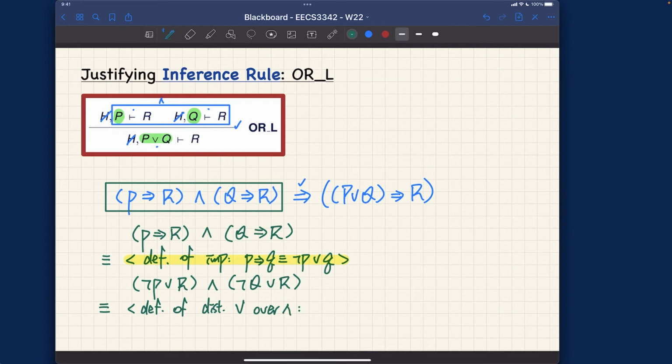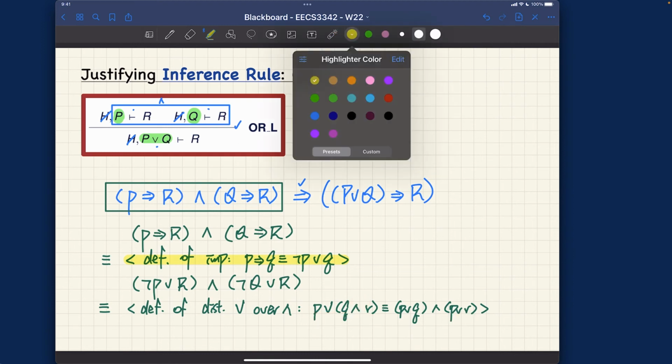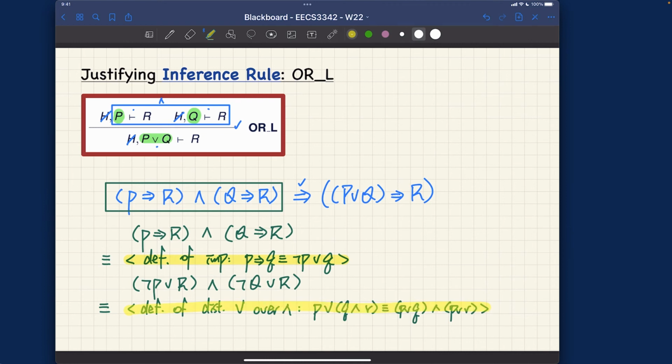So if I actually got, for example, P or Q and R, that's equivalent to P or Q and P or R. Right? If I want to distribute P or over this particular conjunction, so that'll be P or Q and P or R. Right? That's exactly what you did earlier, right? I'm going to assume you actually are okay with that. Okay, so this is another justification.